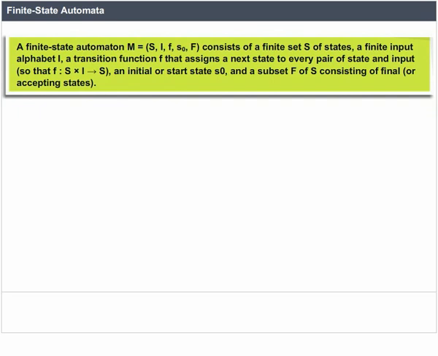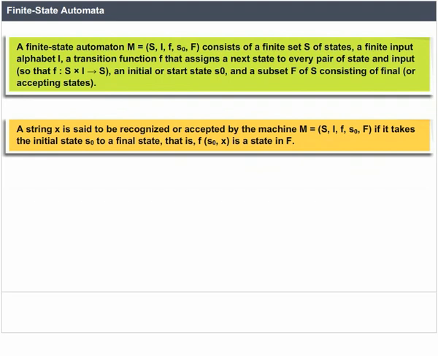A string x is said to be recognized or accepted by the machine M if it takes the initial state s0 to a final state, that is, f(s0, x) is a state in F.